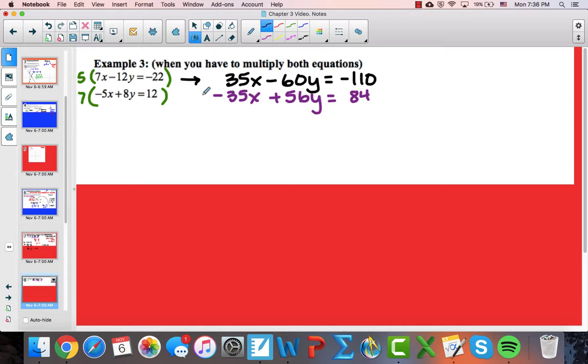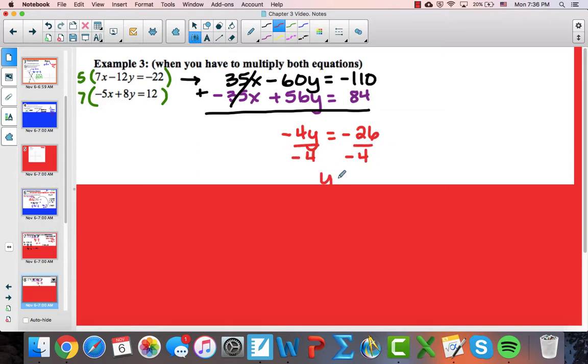All right, now I'm ready. They're ready. I add the equations together. The x's eliminate, and I get -4y equals, what is that, -26. And I'm going to divide by -4. And I get y equals 6.5. All right, now I got to find my x. I decided to use the first equation.